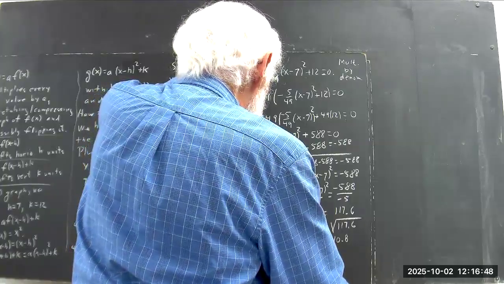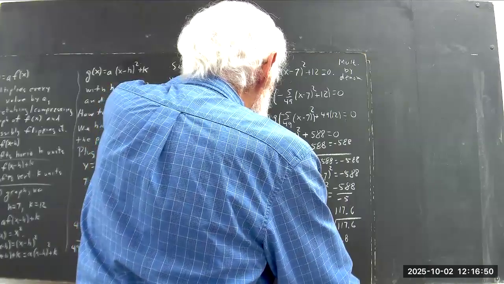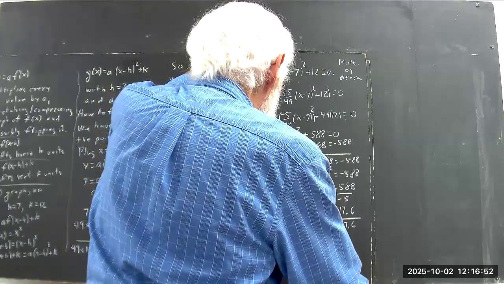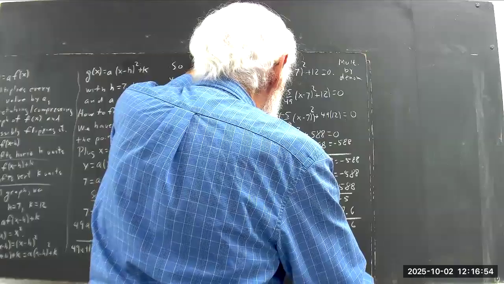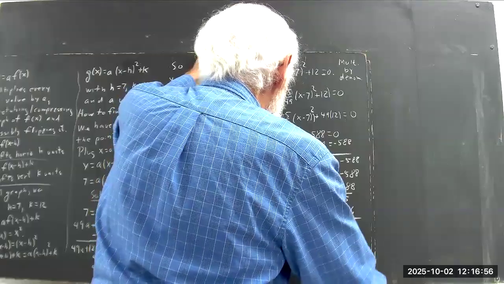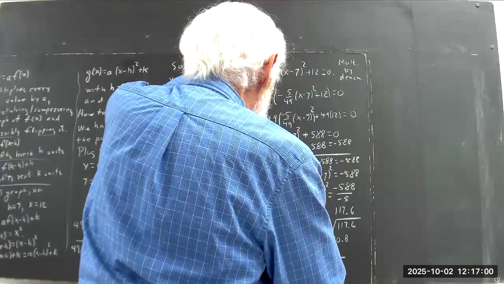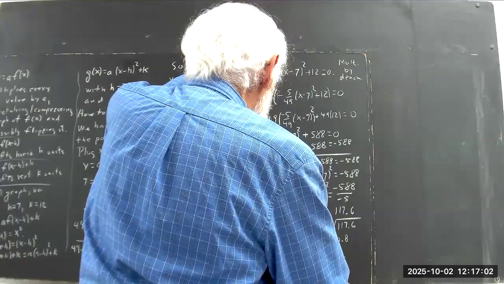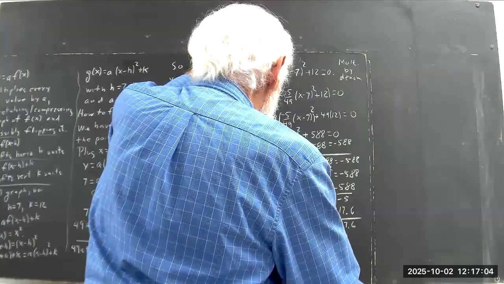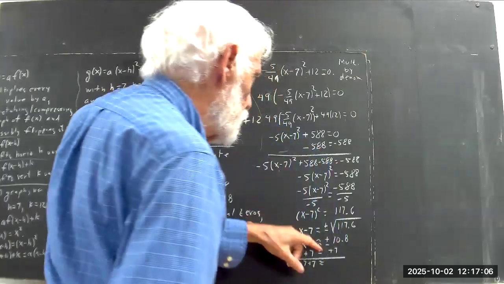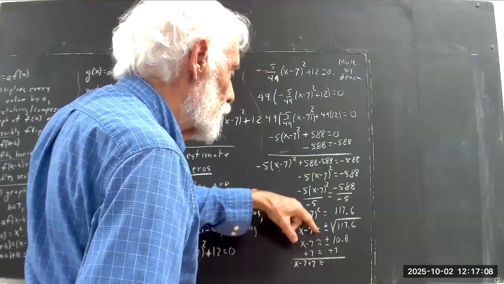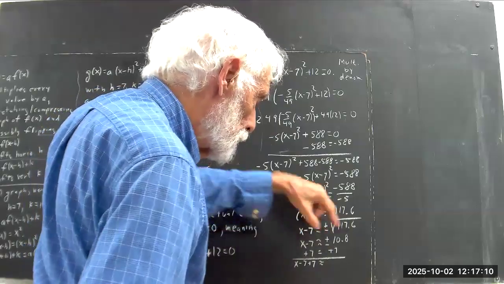Okay. Add 7. And we get x minus 7 plus 7 approximately equal, because we're adding two things that are equal to two things that are approximately equal. There are more decimal points here.